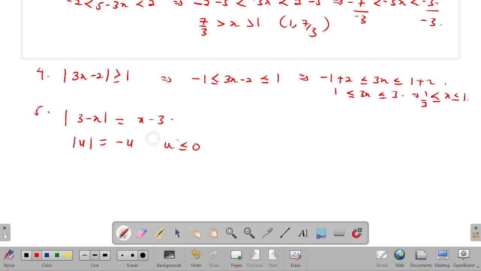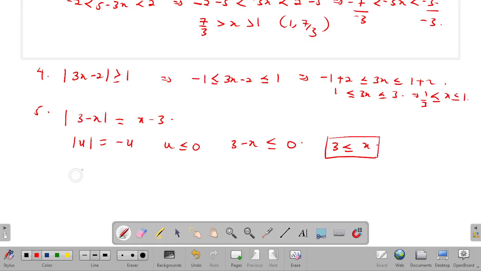So you simply have to write that the content here, which is 3 minus x, is less than or equal to 0, right? As simple as that. This gives us 3 is less than or equal to x, or you say that x is greater than or equal to 3. And that is our answer.